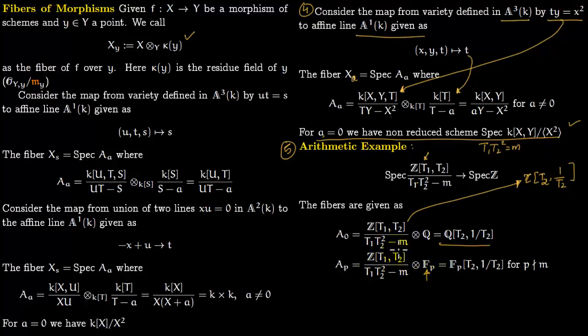Again this thing is nothing but this, and then you tensor it with F_p, you get F_p[t2, 1/t2], and this is when p does not divide m. Now if p divides m, you can factor this thing again. So if you factor this thing, you will again get a non-reduced scheme. So again you can open Qing Liu's book, and you can see a picture corresponding to this example.